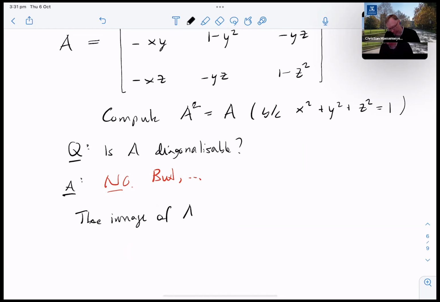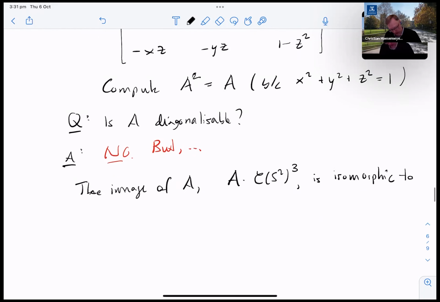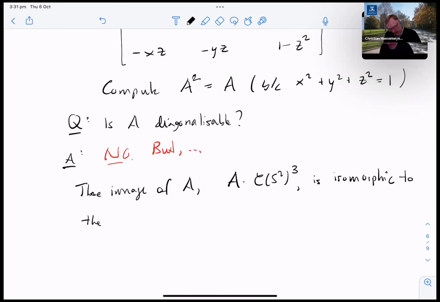The image of A, so that means you take vectors with 3 entries, all of which are continuous functions on the 2-sphere, and you multiply that by A. This is isomorphic to, so you can identify it without loss of information, the module of continuous sections of the tangent bundle of the sphere.